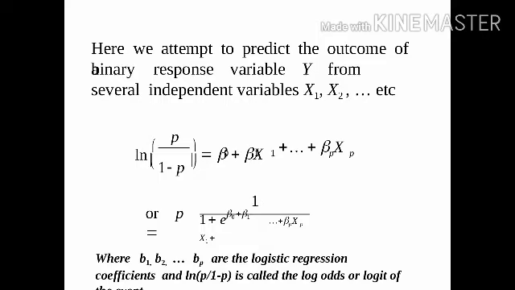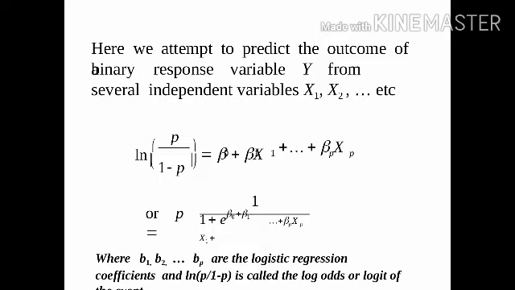Here we attempt to predict the outcome of a binary response variable y from several independent variables x1, x2, etc. And the logistic regression model is log of p divided by 1 minus p equal to beta naught plus beta 1 x1 plus etc. plus beta p xp.